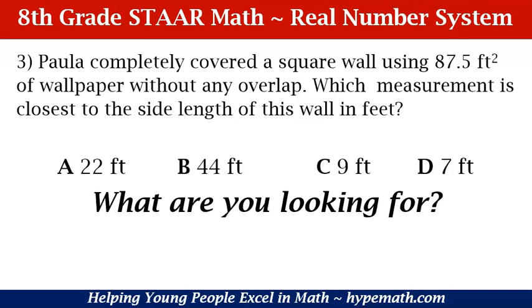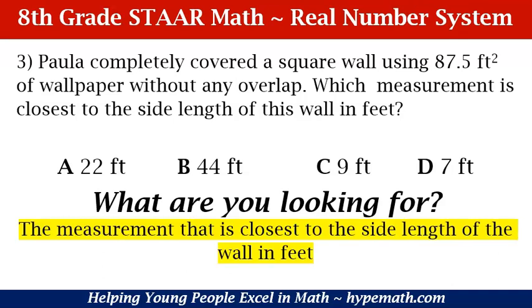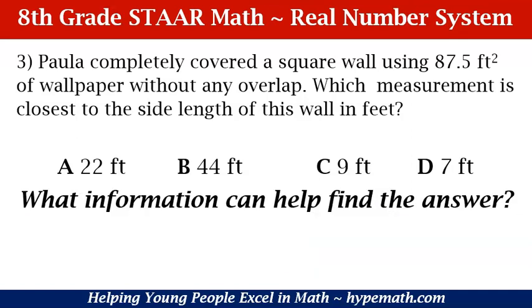What are we looking for? We are looking for the measurement that is closest to the side length of the wall in feet. What information can help us find the answer?